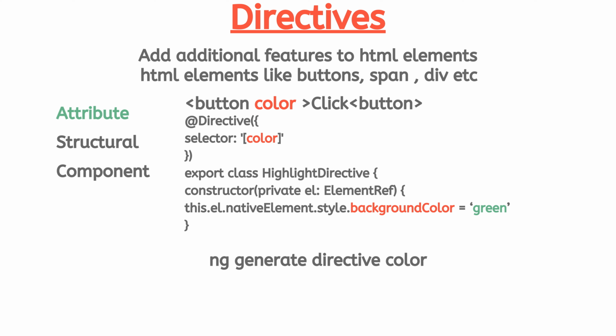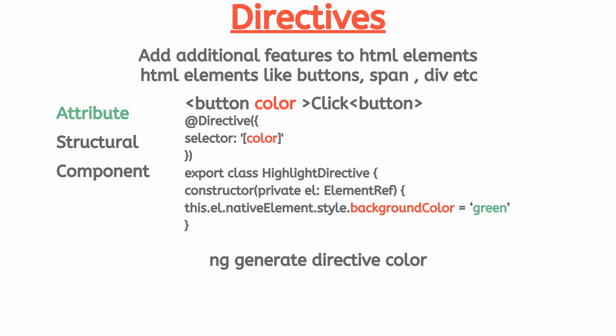In this scenario, ng generate directive color. When you create it, it will generate the app.directive.ts file, and within this file you have a selector called color. That same selector can be used in the HTML files wherever you want to use this directive. If you see the button line, it has color, so that's how you can refer to it.